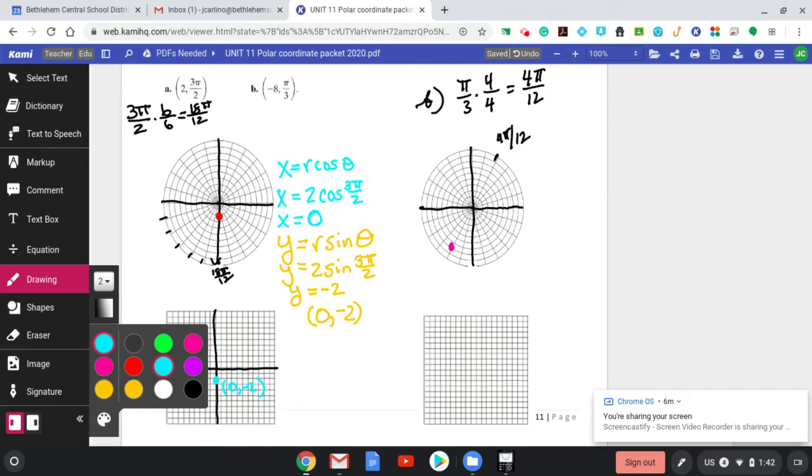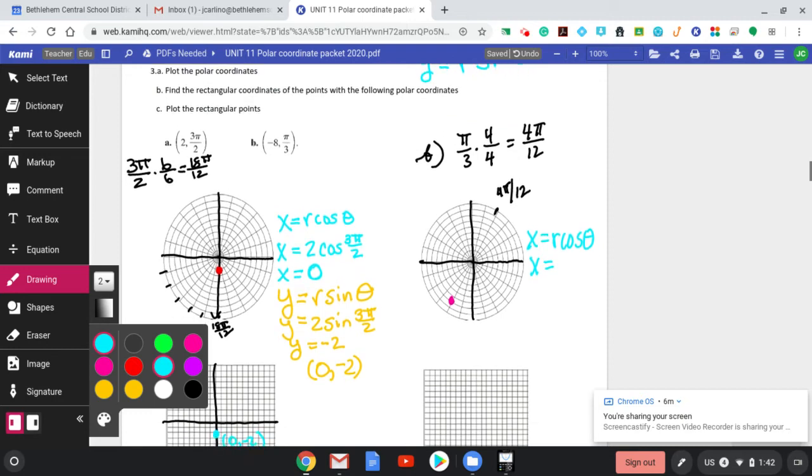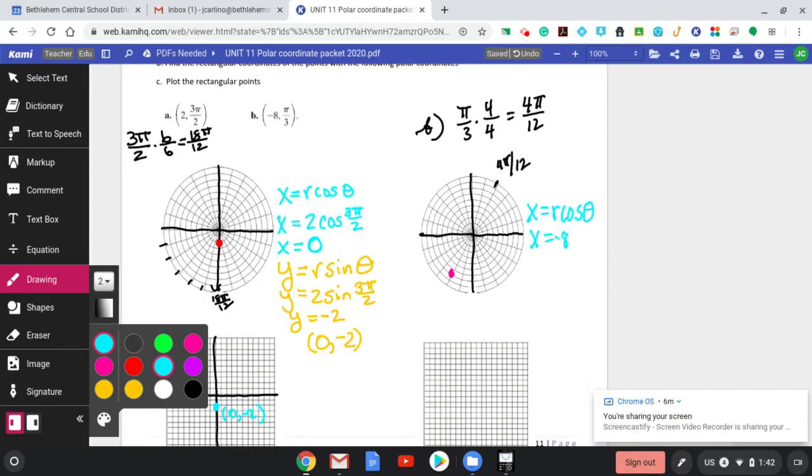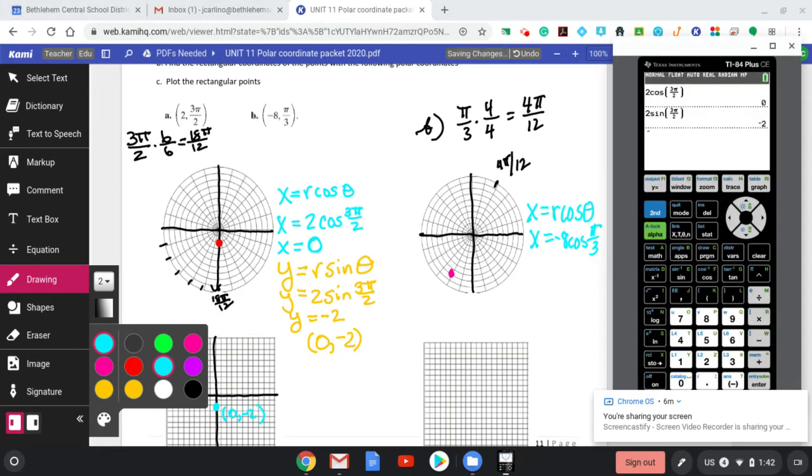Ready? So x equals r cosine theta. So it's going to be equal to -8 cosine pi over 3. All right, now it's all the calculators work now. So -8 cosine, fraction template, pi over 3.